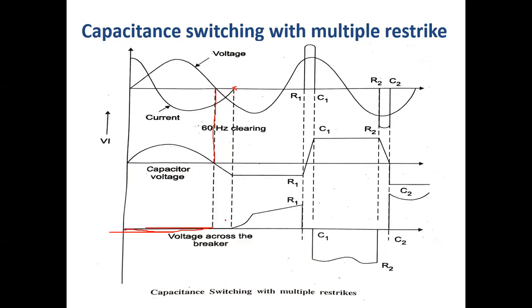During this open circuit condition, what will happen? There is no current flowing through the circuit, and the capacitor will not charge, so the voltage across the capacitor becomes constant, because the circuit breaker is in the open condition. Whatever voltage already exists in the capacitor will be available across the capacitor now.